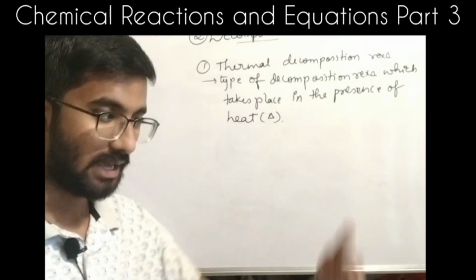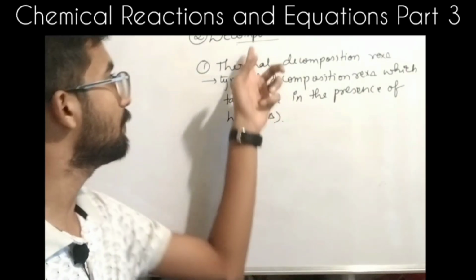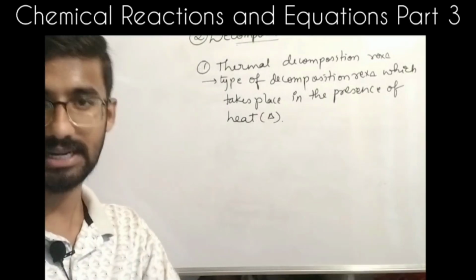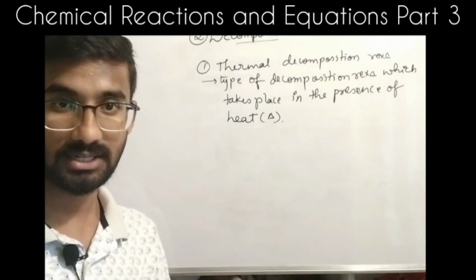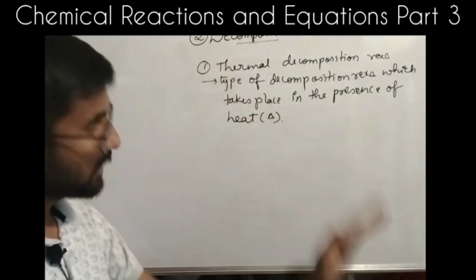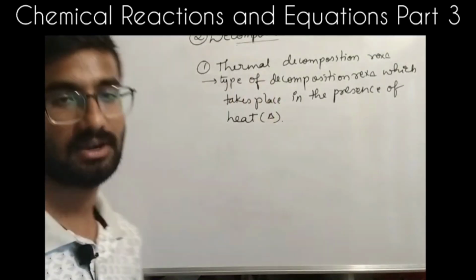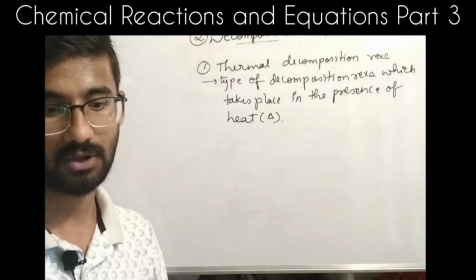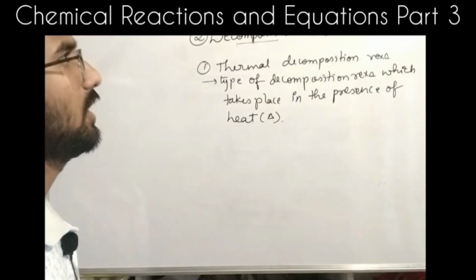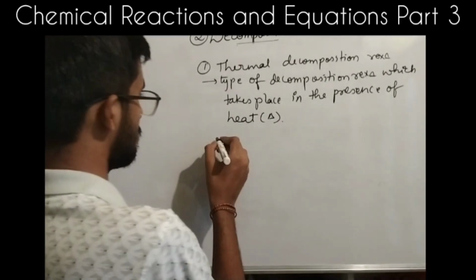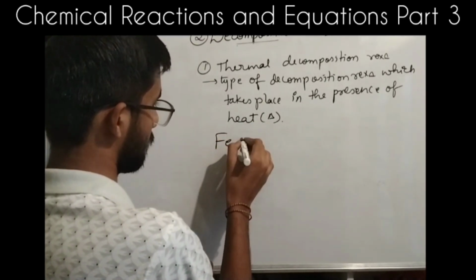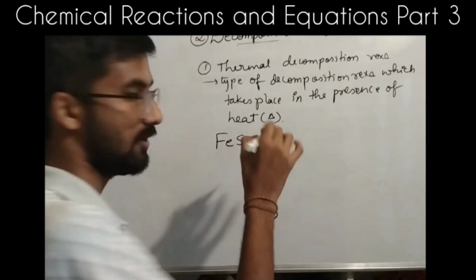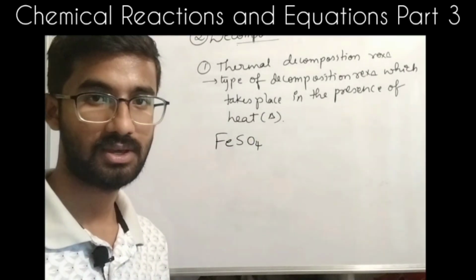Energy is supplied in 3 forms for the decomposition reaction. What are those? Heat, sunlight and electricity. Based on energy supply, they have divided it. Simple logic. The best example for this is ferrous sulfate, FeSO4.